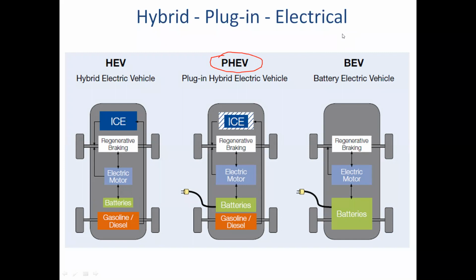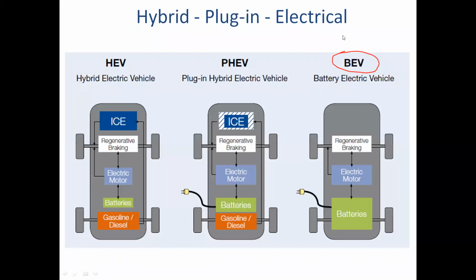Now next to that, the third one is the battery electrical vehicle. In the battery electrical vehicle, the IC engine is no more now. You can see there is no ICE. In that ICE is not there. So you'll find that the battery size is very, very big.